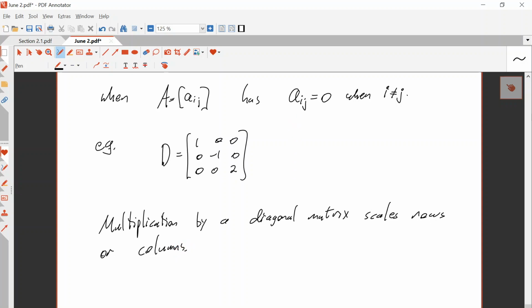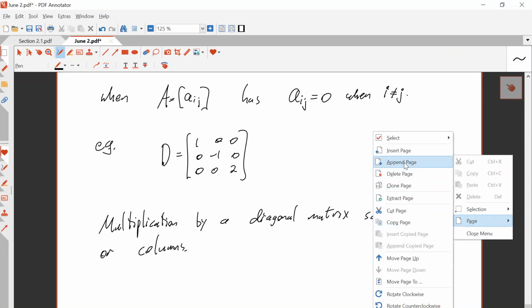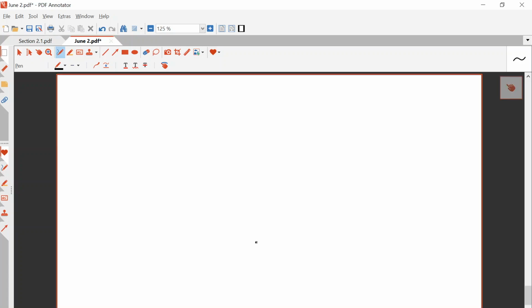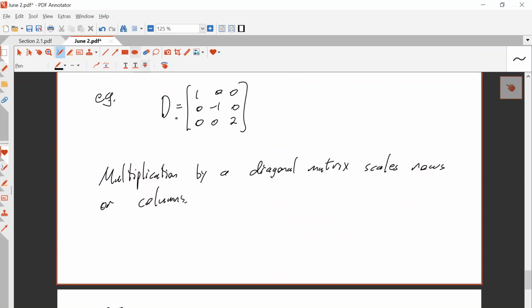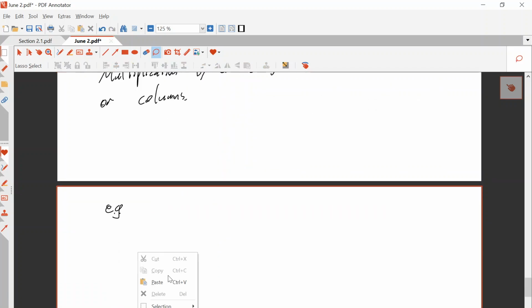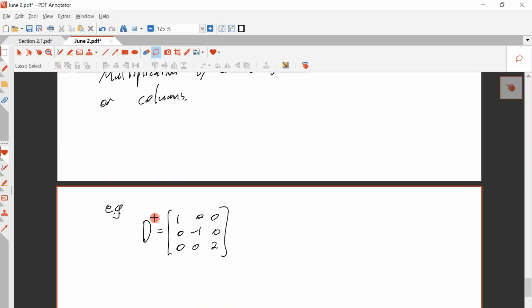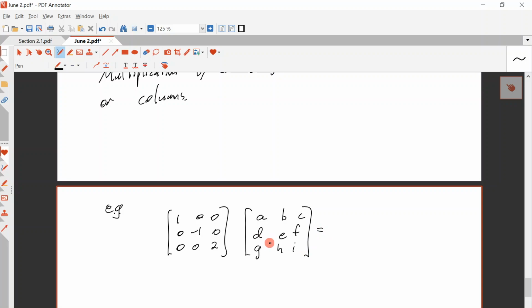So for example, if I take that 3 by 3 matrix right there, and I multiply D on the left by any other 3 by 3 matrix, say A, B, C, D, E, F, G, H, I, what's the product going to be?